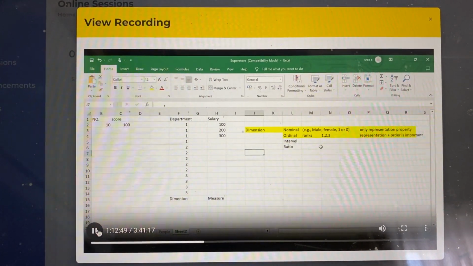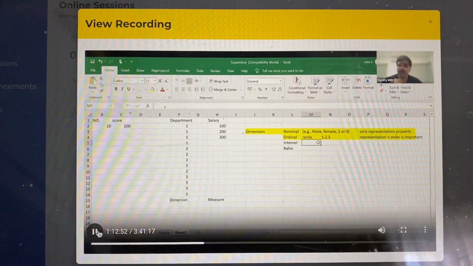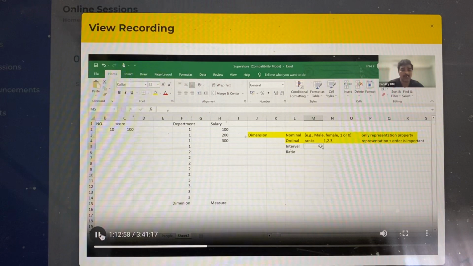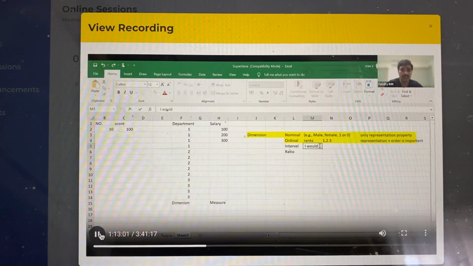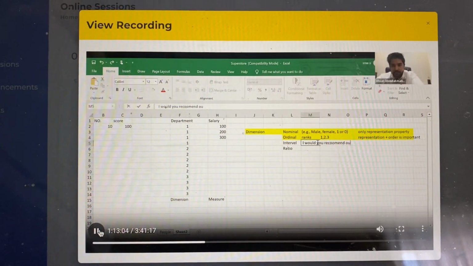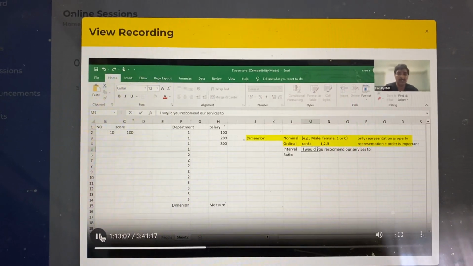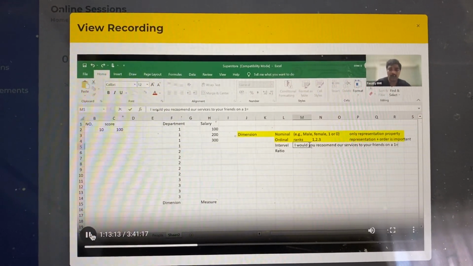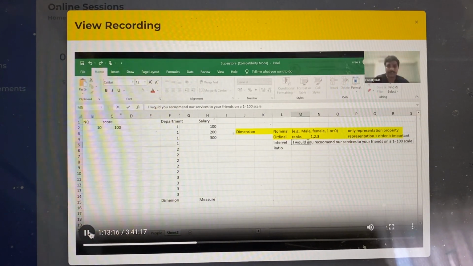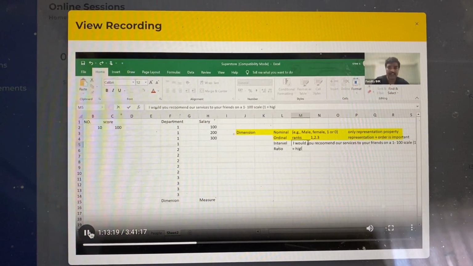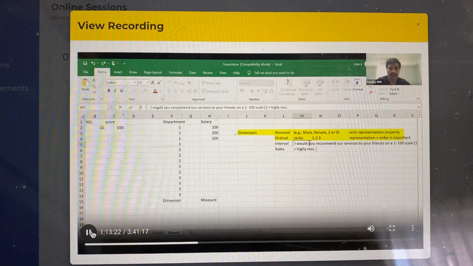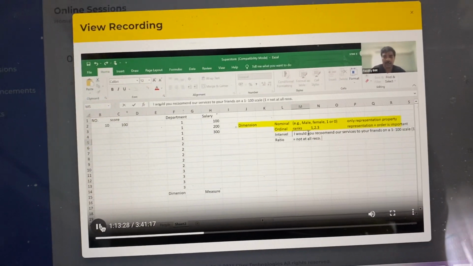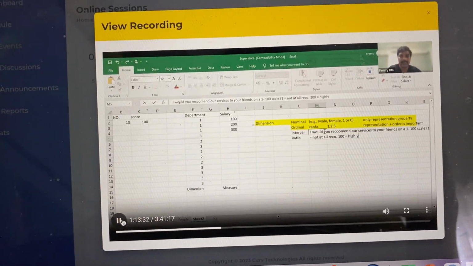Now I'll give you an example. Many times, when you give your car to a service center, at the end they will ask you a question: how do you recommend our services to your friends on a 1 to 100 scale? 1 means not at all recommended, and 100 means highly recommended.